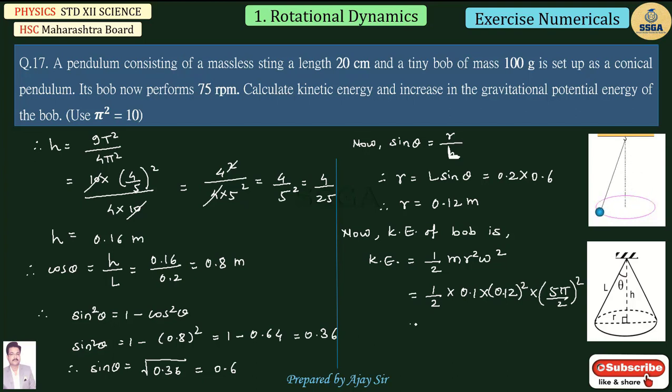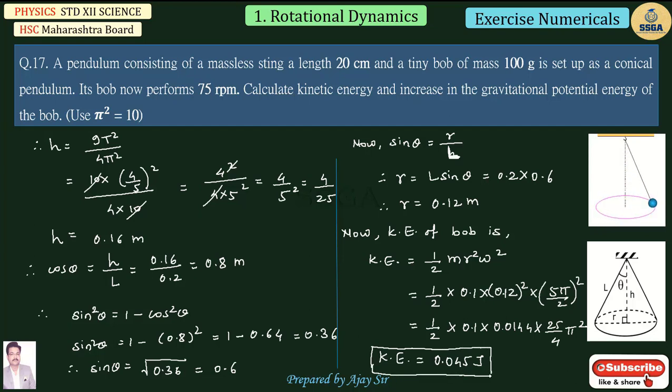So let us solve this. So therefore this is 1 by 2 into 0.1 into 0.0144 into 5 square means 25, divided by 4 pi square. So after all multiplications you will get kinetic energy which is equal to 0.045 joule. So this is the kinetic energy of the bob.